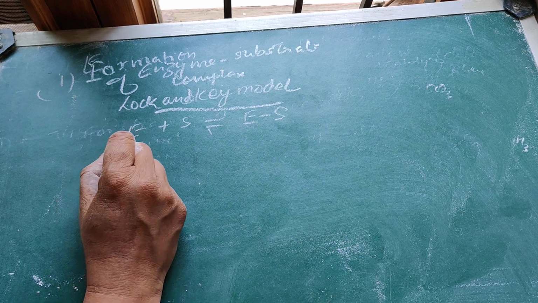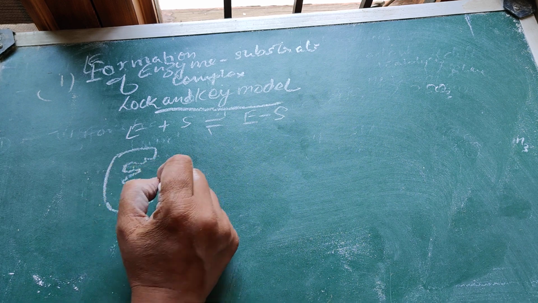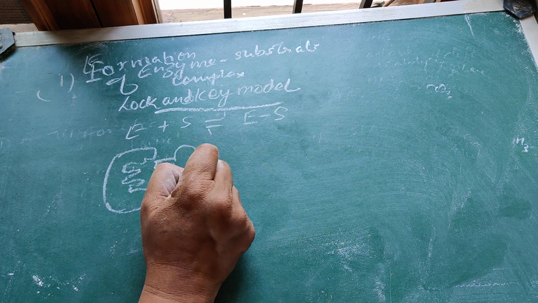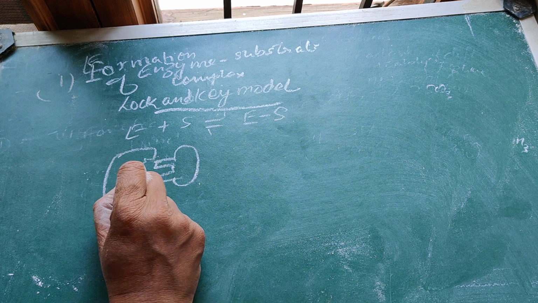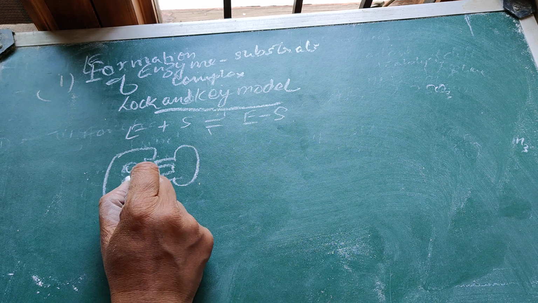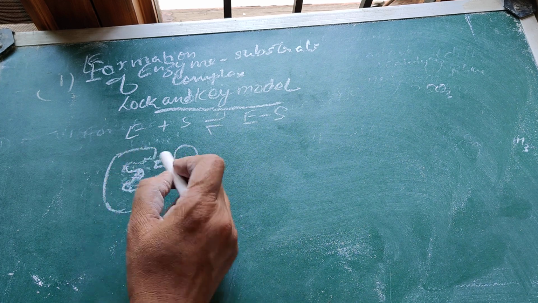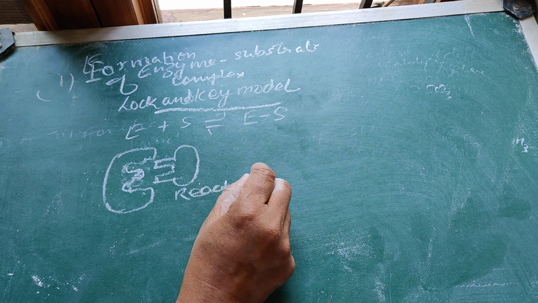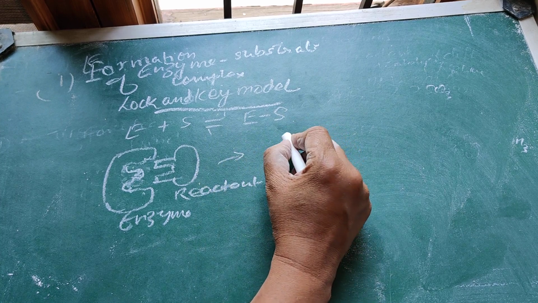Suppose this is the enzyme. The substrate will be like this, so that it goes inside and becomes attached the same way. This is the reactant, your substrate, and this is the enzyme, so it will form the complex like this.